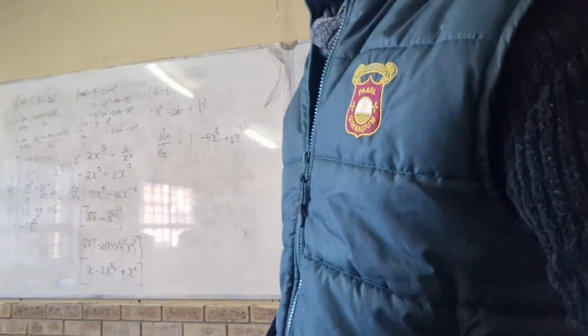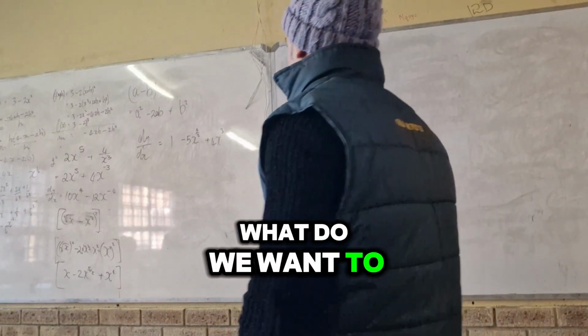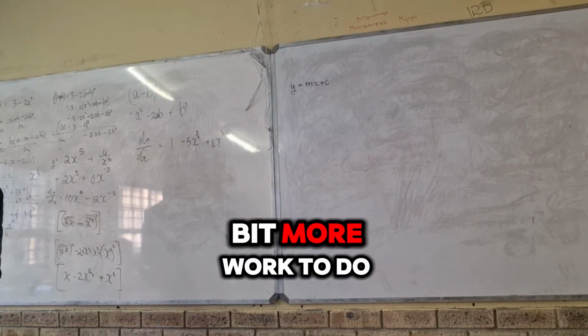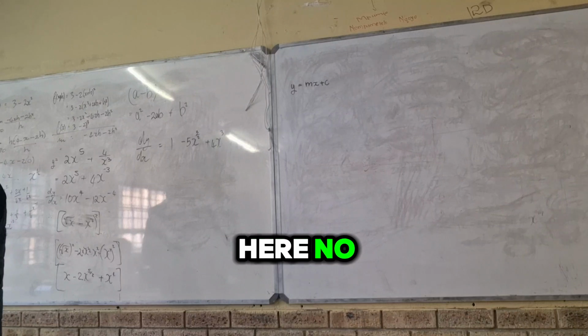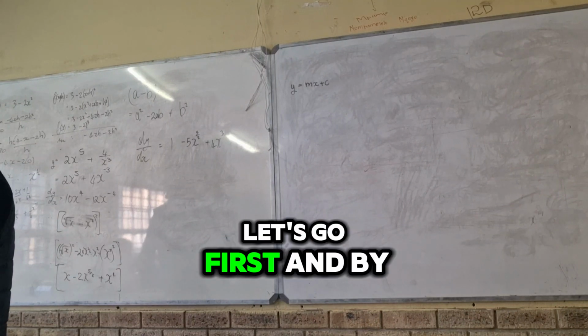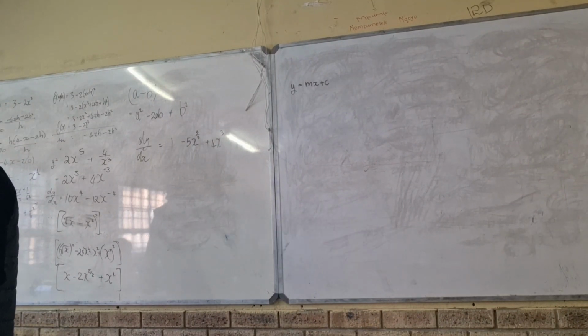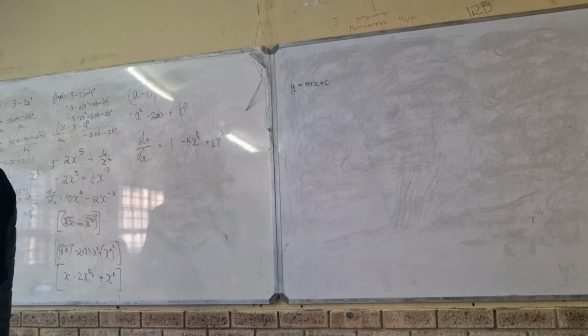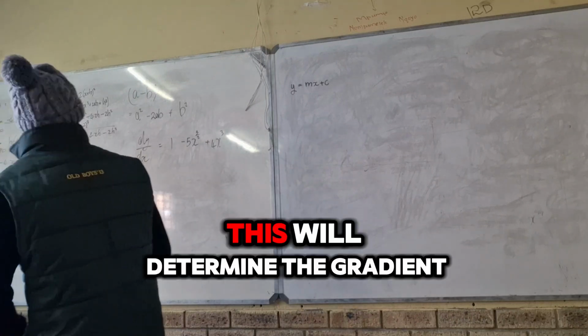So what do we want to determine here? We have a little bit more work to do. Let's first determine the gradient at that certain point, like in the example.